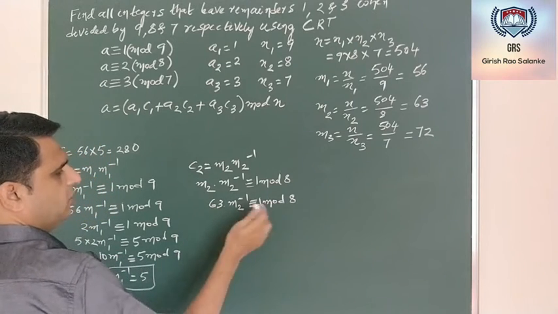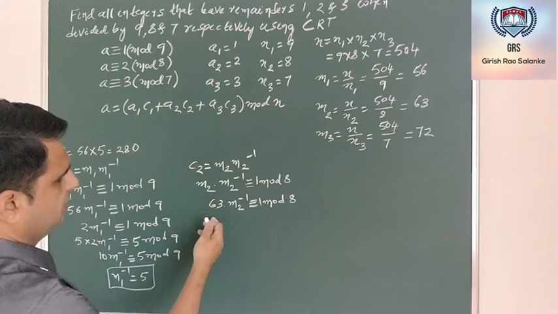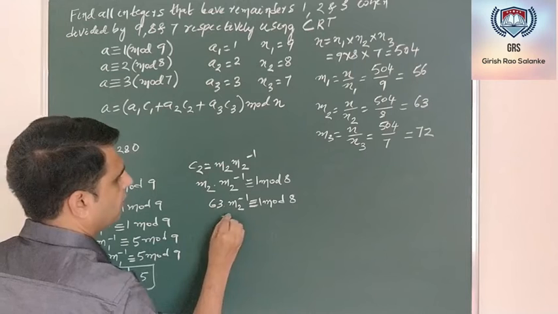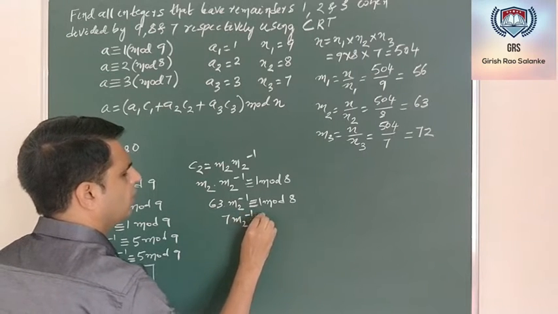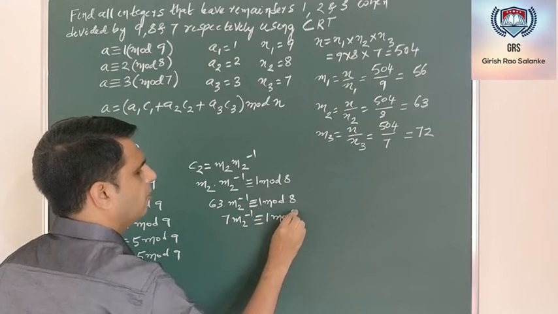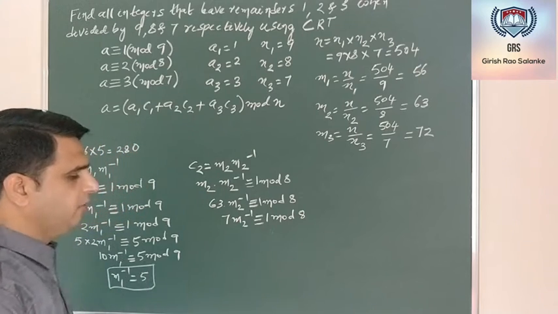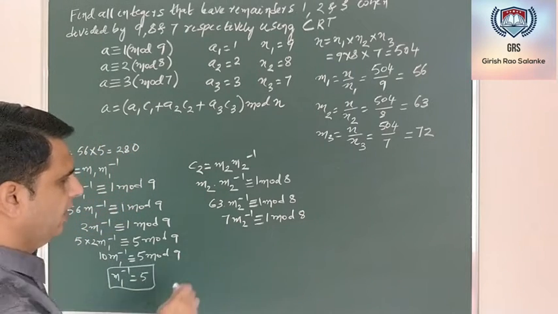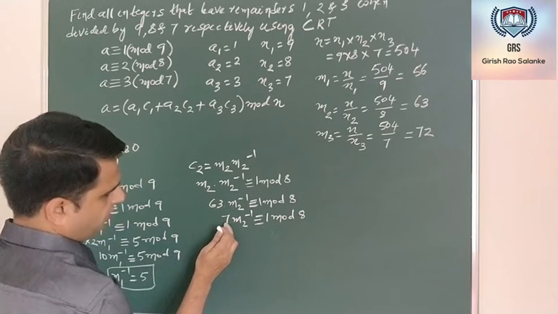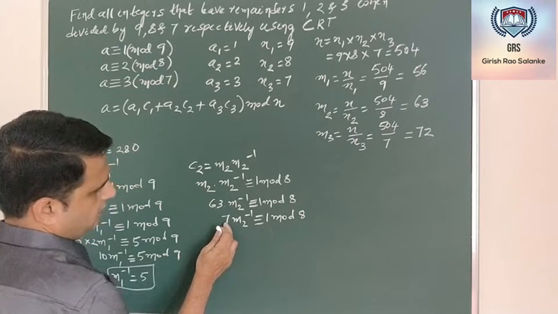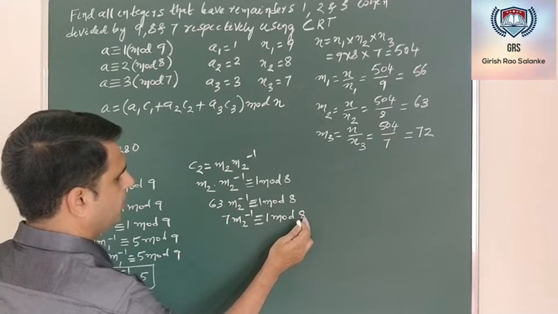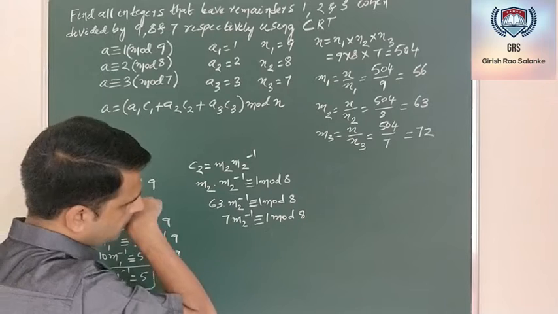Divide 63 by 8: 8 times 7 is 56, remainder 7. So 7 m2 inverse is congruent to 1 mod 8. Now I need to find a number that should be multiplied with this 7 so that on performing the mod 8 operation it gives me 1.